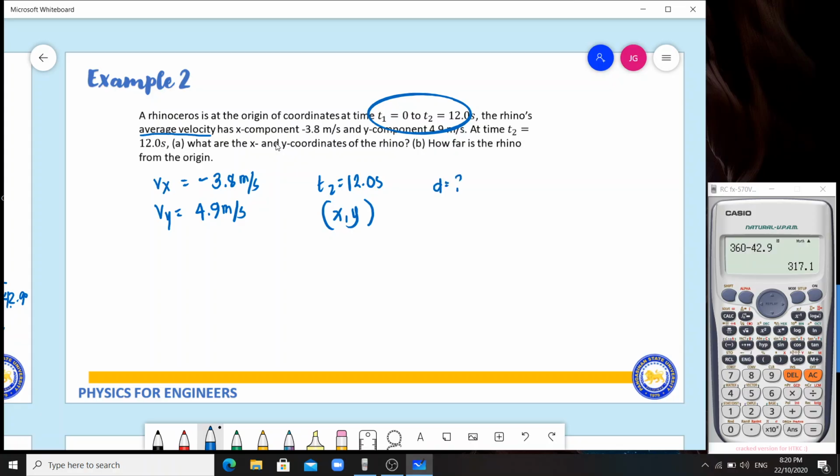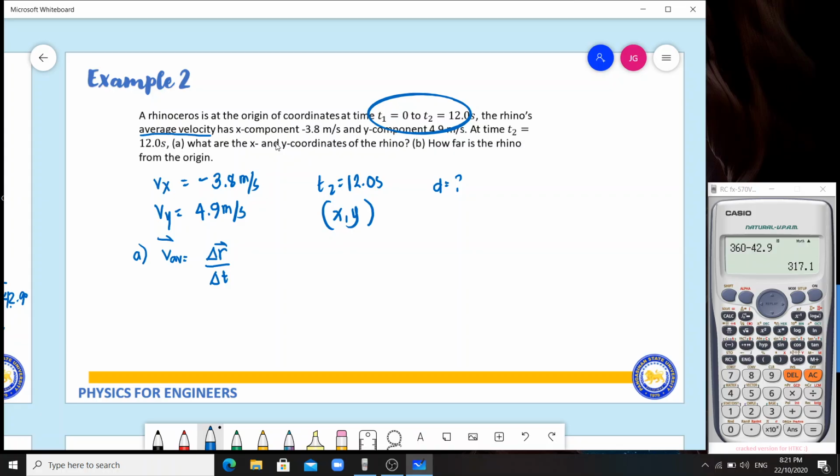Okay. So, punta muna tayo sa A. So, meron tayong components ng Vx and Vy, okay? And we know that the average velocity, okay, is a result from the change in the r position or the position vector over delta time, okay? So, alam natin na ang delta time natin is between 0 to 12 and the delta r is, sabi niya, at the origin of coordinates.